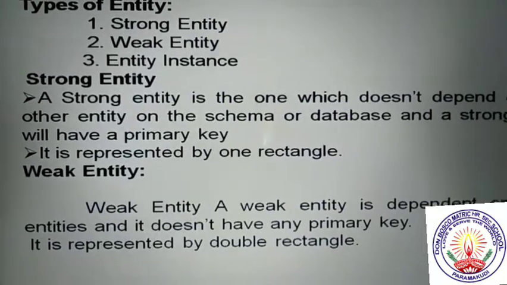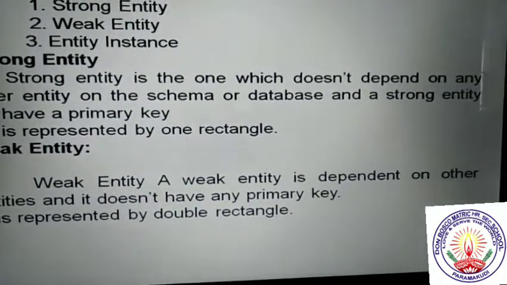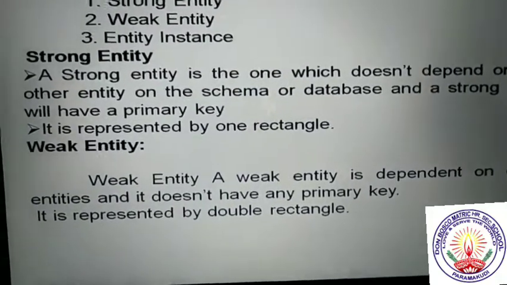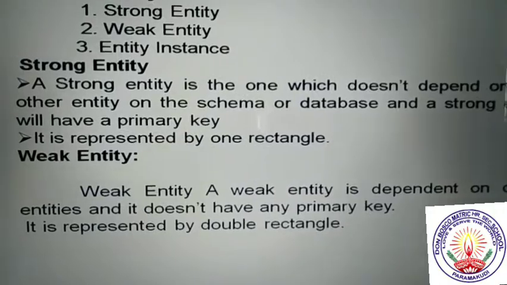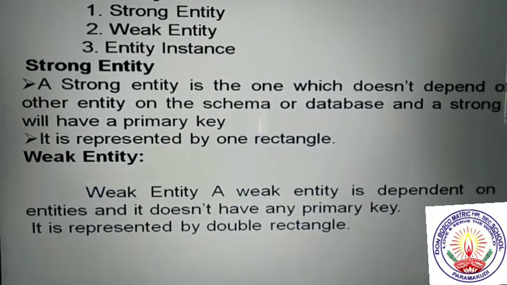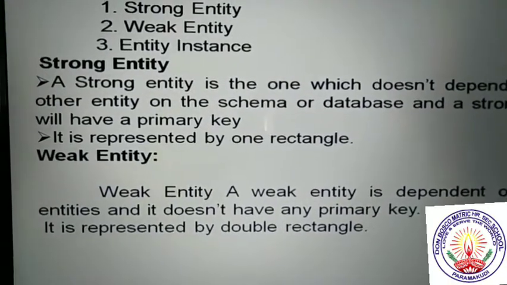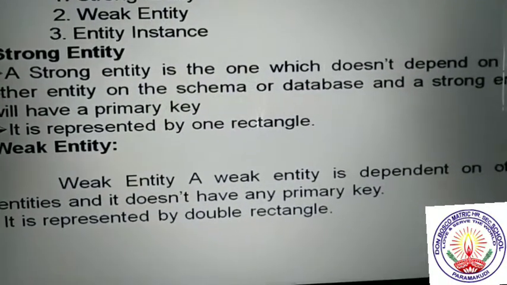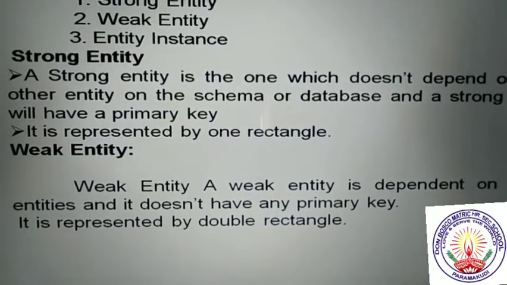And the next one, the weak entity. A weak entity is dependent on other entities, like any other employee in a company who has to depend on the manager or company management. A weak entity is dependent on other entities and does not have any primary key.